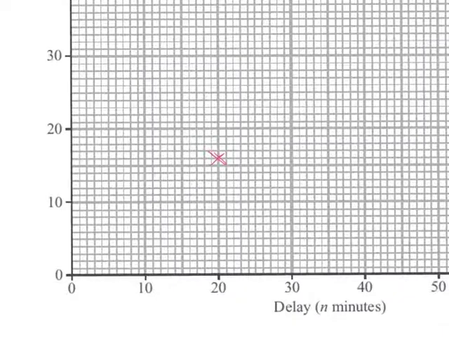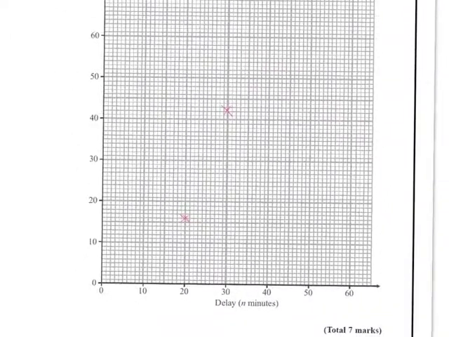And the next point is going to be 30, 42, so 30, oh, not high enough, 30, 42 is up here. Now we need to plot the next one, which is 40, 65, so we'll zoom out. Okay, and 40, 65 is going to be around about there, although it's slightly too high, but that's okay.